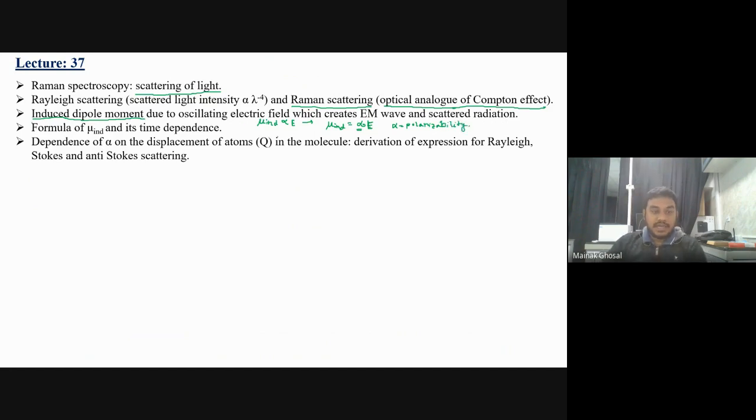Then there was a discussion on the formula of mu induced and how it depends on time.